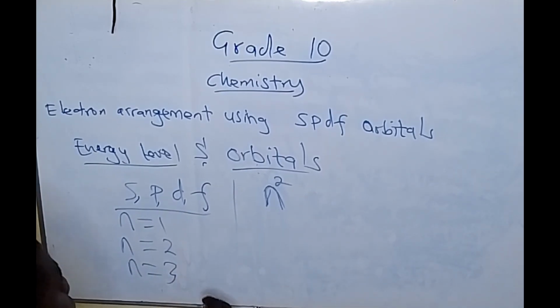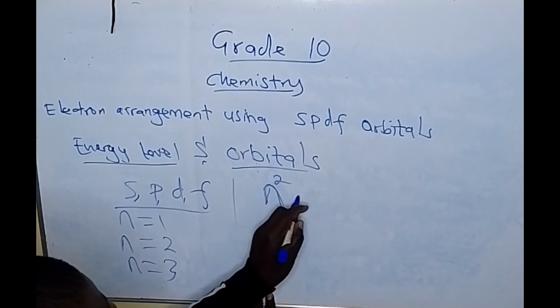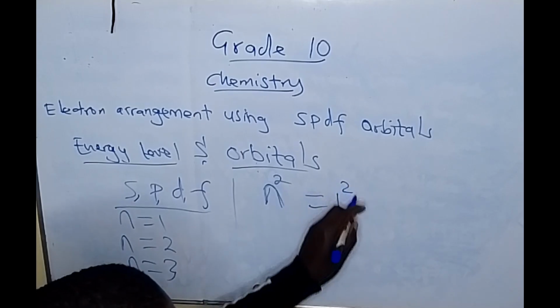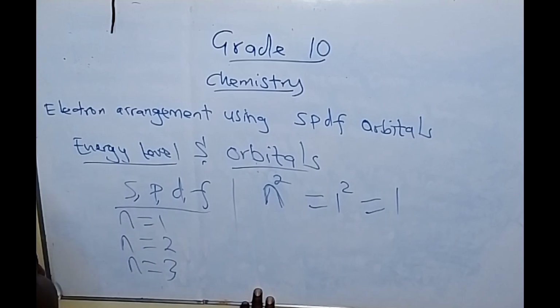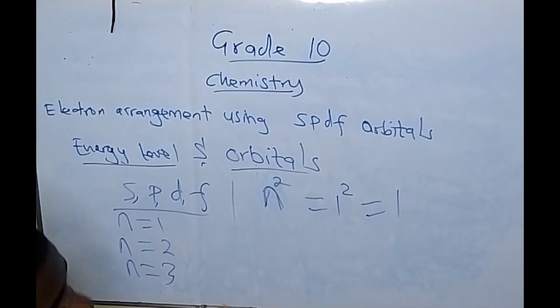If we are at n equals 1, then that is 1 squared, and that is 1 orbital. So when n is 1, we have only one orbital.